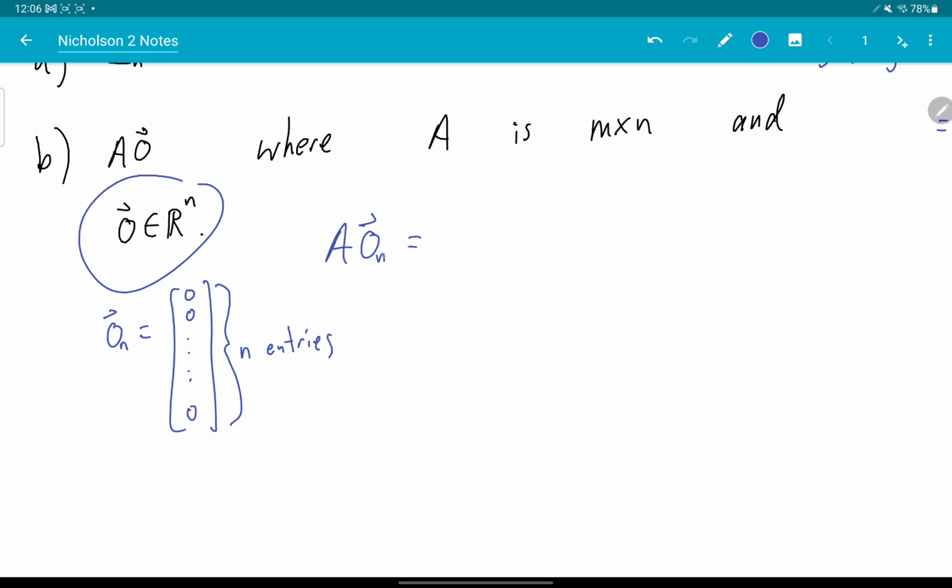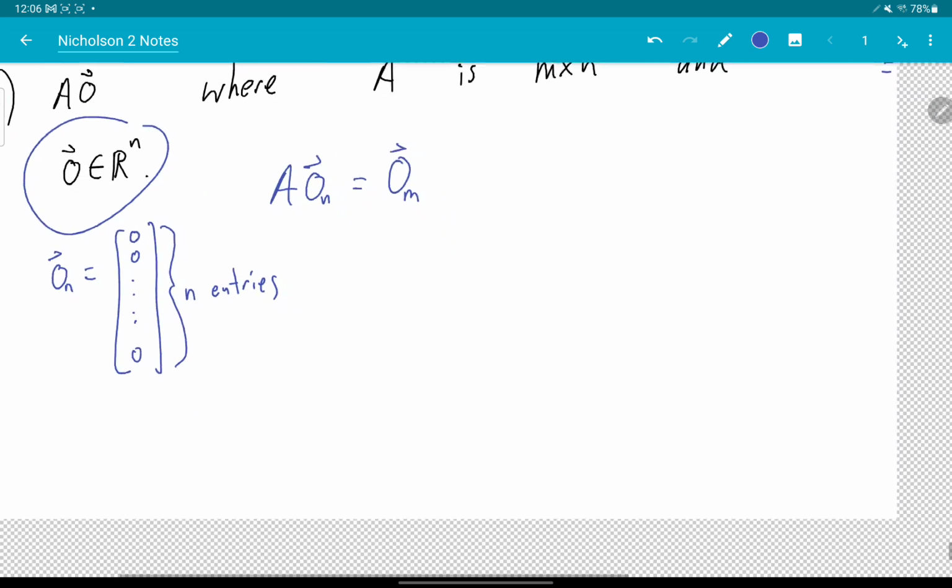So why don't I say the zero vector is 0n. You can write it as just the zero vector, but if you want more precision, you can write the subscript there, but it's really up to you. From the context, it's usually clear what's going on. So what am I going to get? I'm going to get the zero vector, and it'll be the zero vector with m entries, actually.